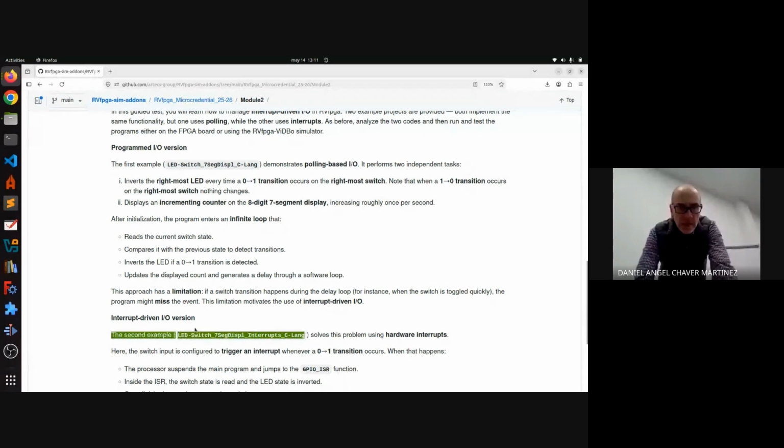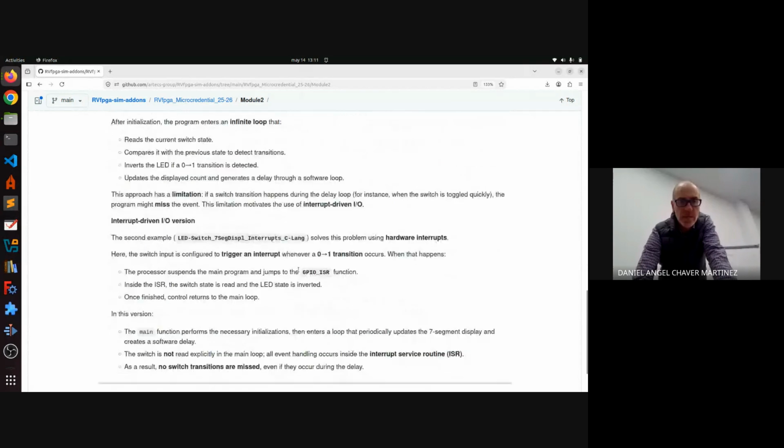The first one uses polling. And you're asked to understand how this is programmed, both with polling and with interrupts, and then to compare its behavior and to understand that interrupts behave better in some scenarios, such as the one shown in these programs.